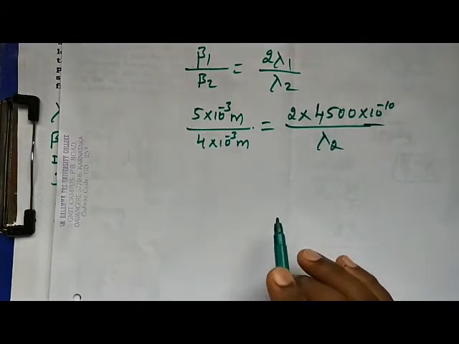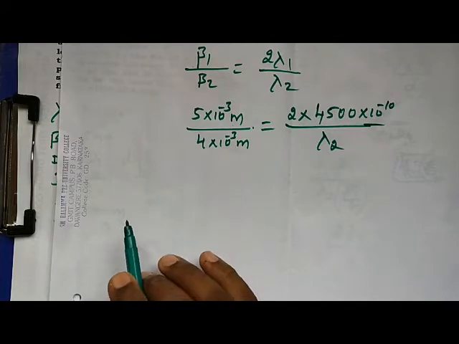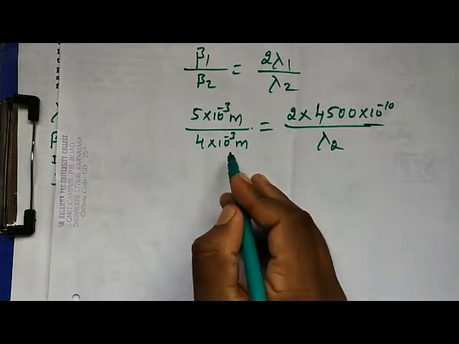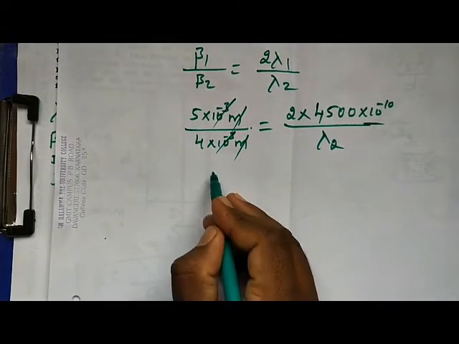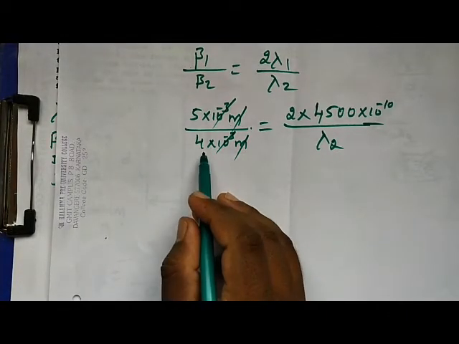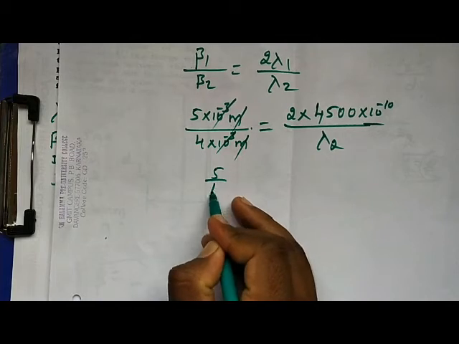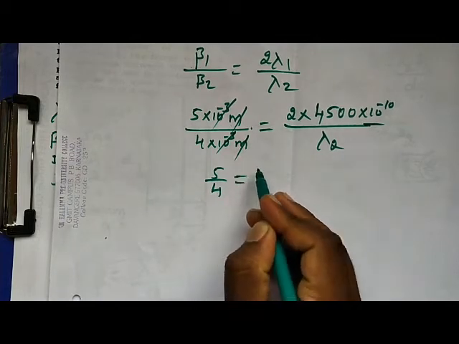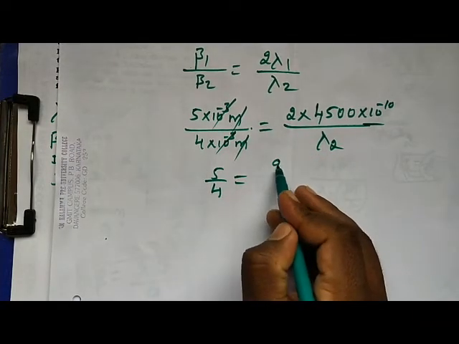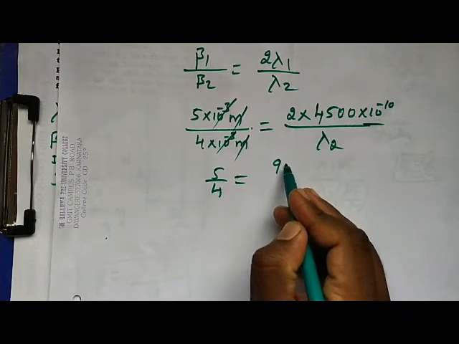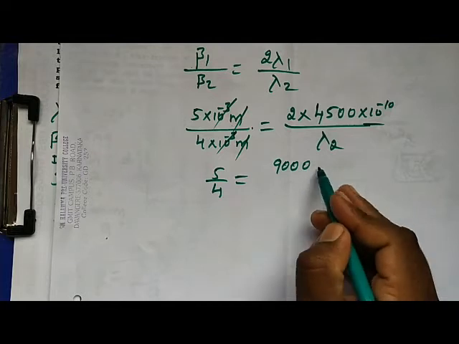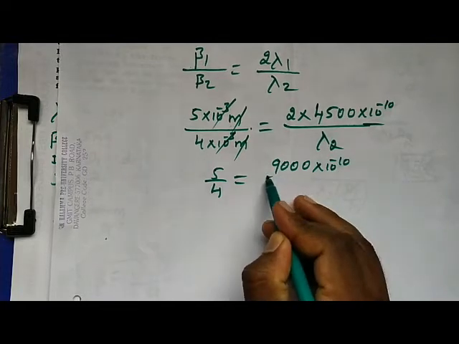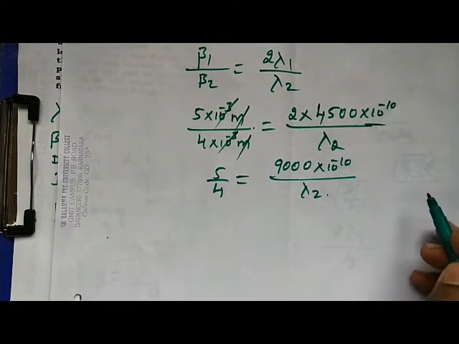So 10 to the power of minus 3 gets cancelled, meter gets cancelled. So 5 divided by 4 is equal to 4500 into 2, that is 9000 multiplied by 10 to the power of minus 10 divided by lambda 2.